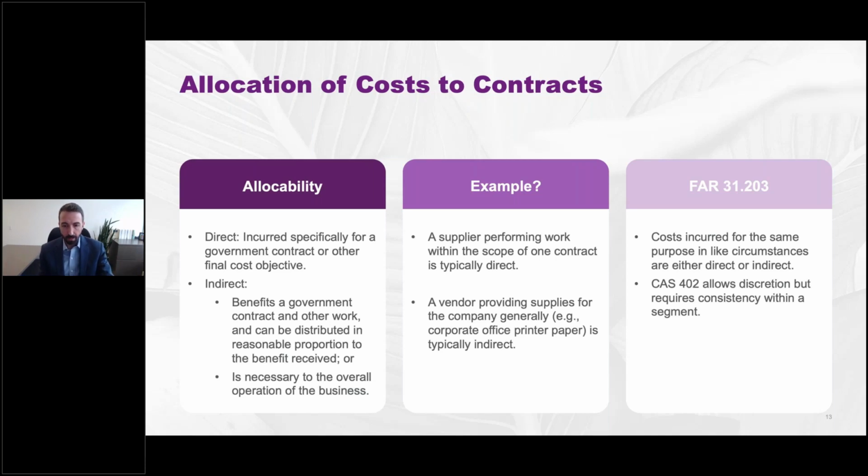And as I said, there's some discretion allowed, but where people can run into issues and where the auditors can get interested is if you have costs incurred for the same purpose in like circumstances being treated in different ways. The government's really looking for consistency in accounting. So going to the next slide.